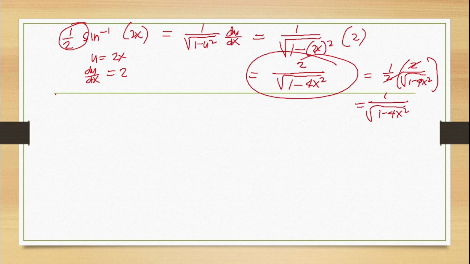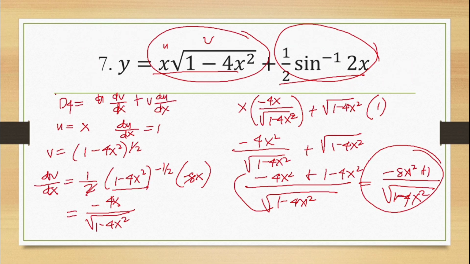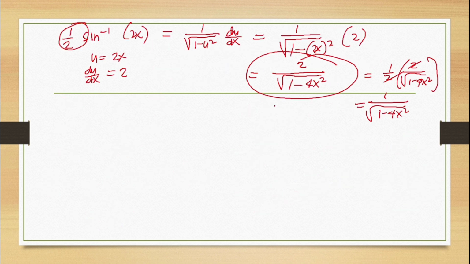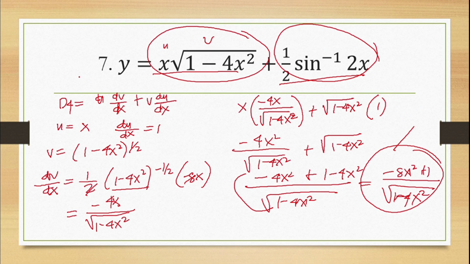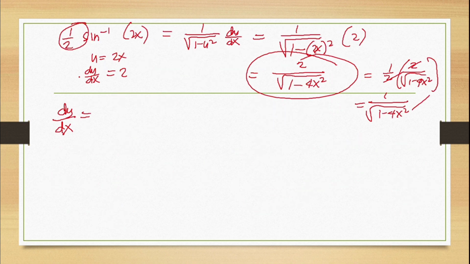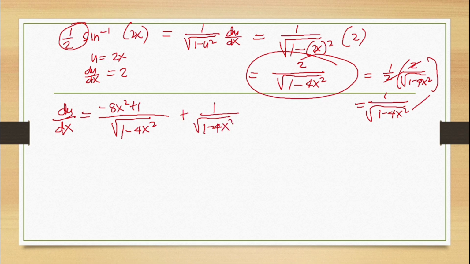Okay, so now we're going to combine the two derivatives, which is this part, and the second one is this part, the simplified part. So dy over dx, we're going to copy this part, which is negative 8x squared plus 1 over the square root of 1 minus 4x squared, plus 1 over the square root of 1 minus 4x squared.